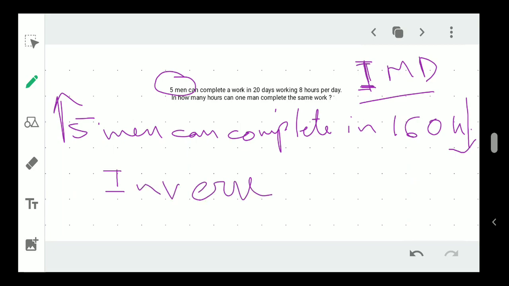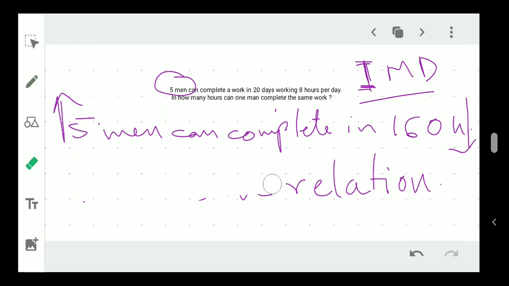So this is called inverse relation. Inverse relation means the relation is such that if one is increasing, the other is decreasing. So why IMD in this case? IMD here because multiplication will be first and division will be after that.